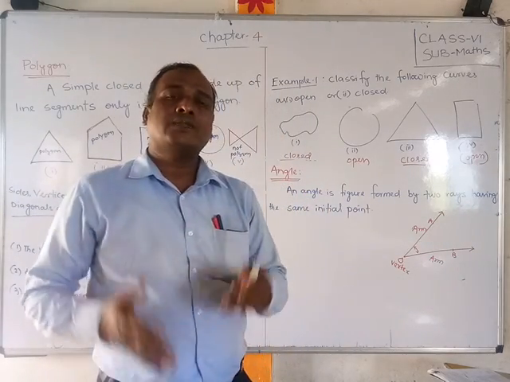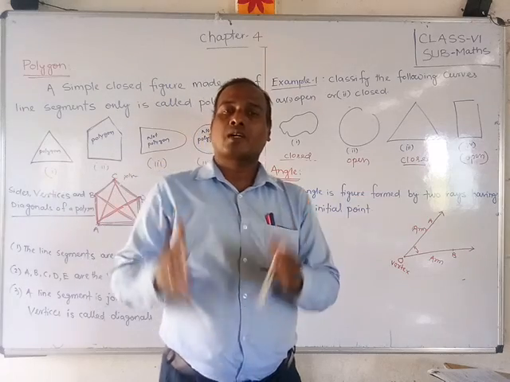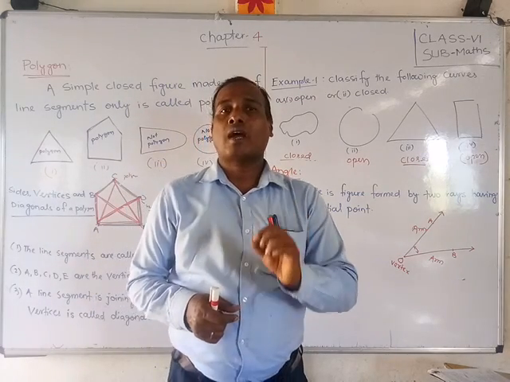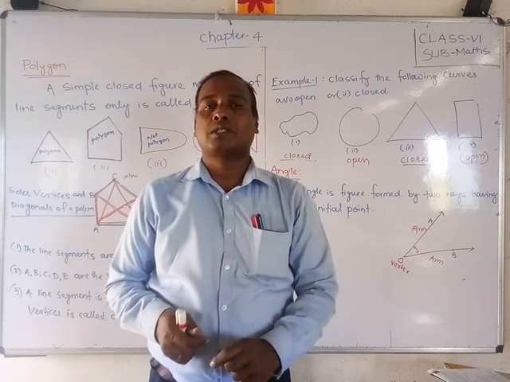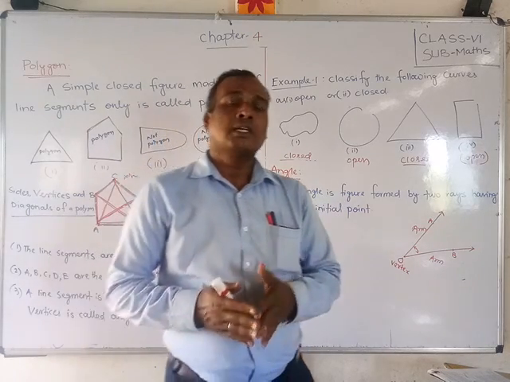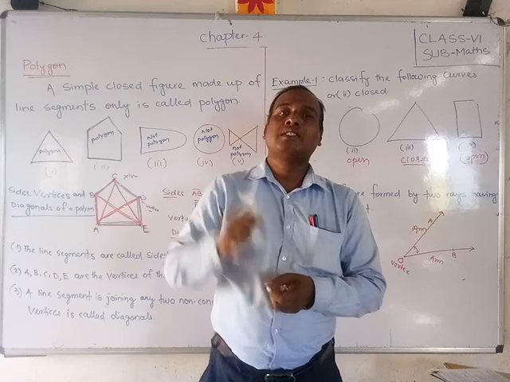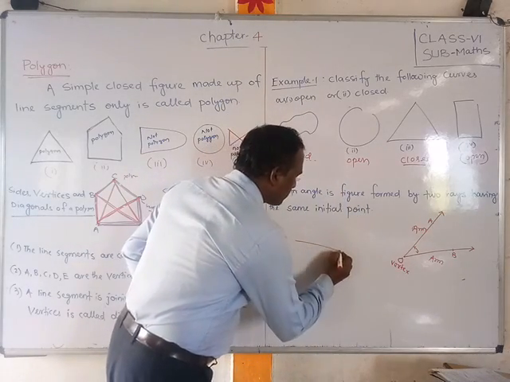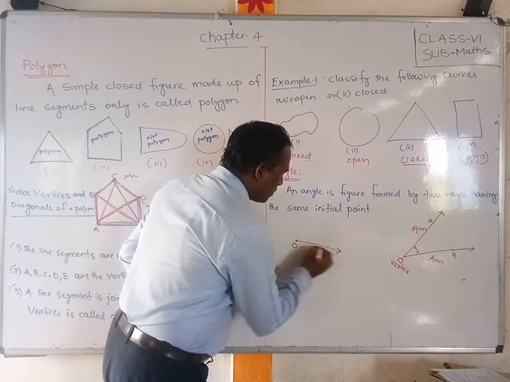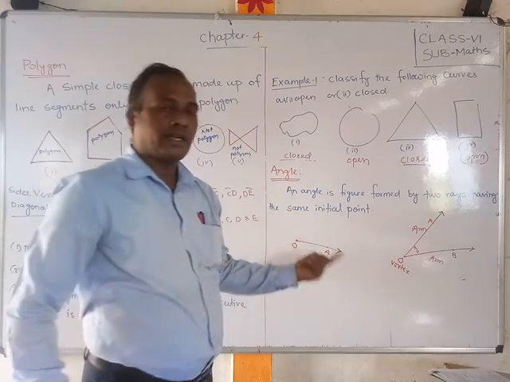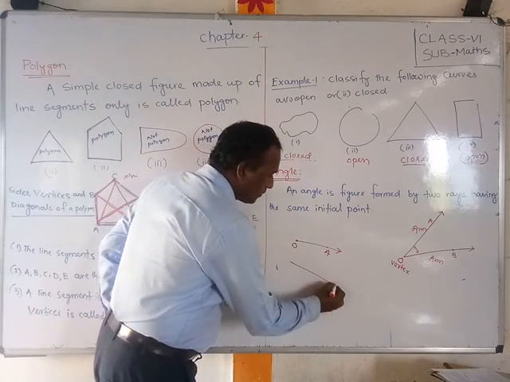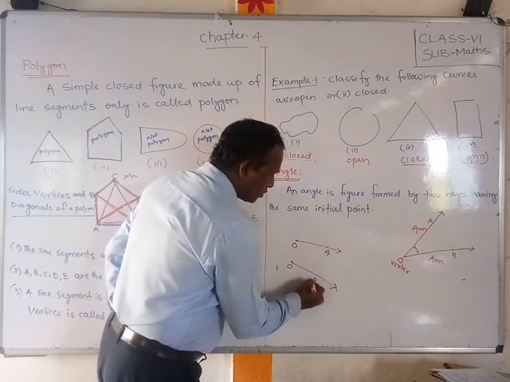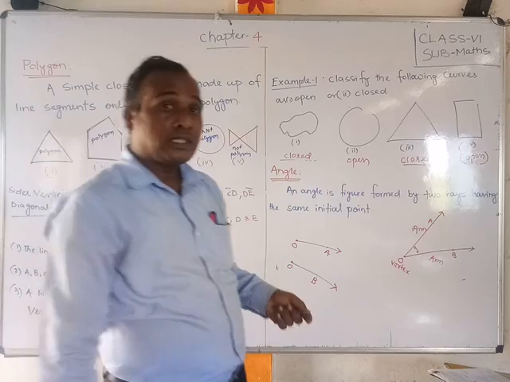An angle is a figure formed by two rays having a common initial point. Rays, do you have an idea, students? A ray has an initial point but no end point. Yes, this is called a ray. Suppose this is O, A, this is one ray, and another ray is OB.